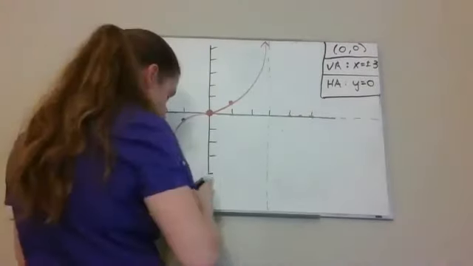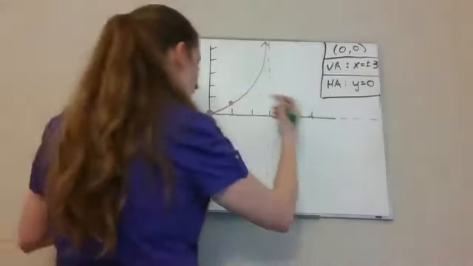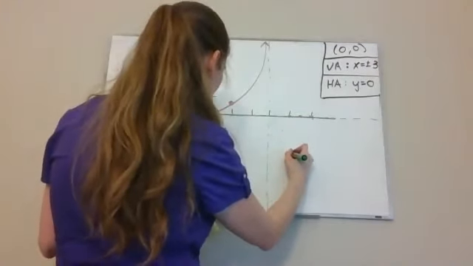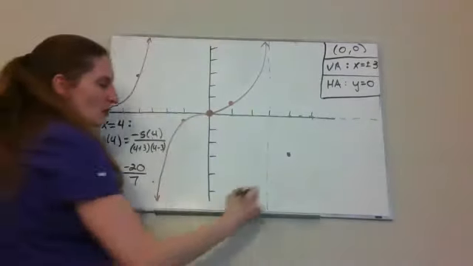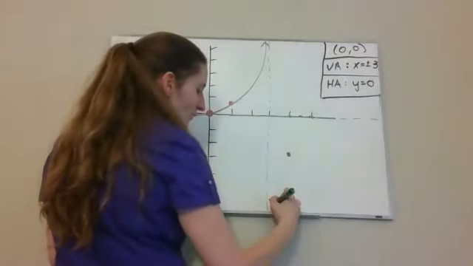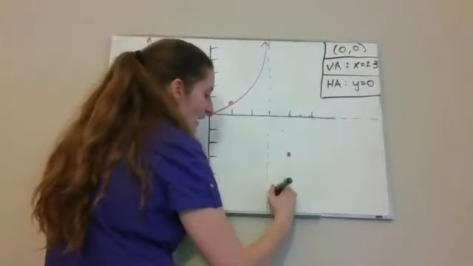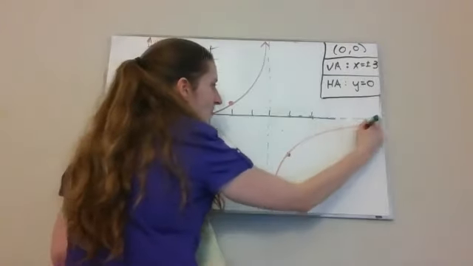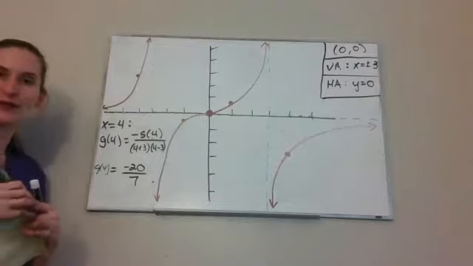So I would have at 4 a point down pretty close to -3, right about here. And again, matching my asymptotes, that means I have to be going down to infinity on that side. And I have to flatten out to my horizontal asymptote, so I get some graphs sort of like that.